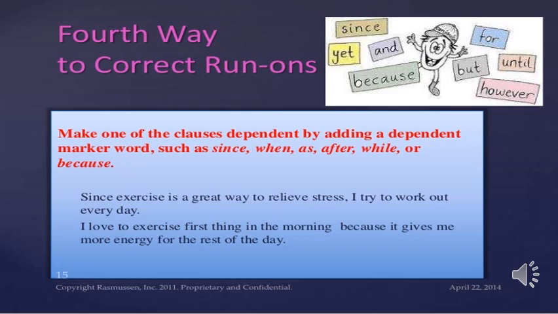The second one, I love to exercise first thing in the morning because it gives me more energy for the rest of the day. Here, in the first sentence, we use since as a subordinating conjunction and use because in the second one as a subordinating conjunction in order to correct run-on sentences. Is it clear? I hope so.